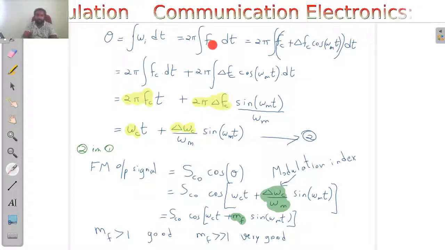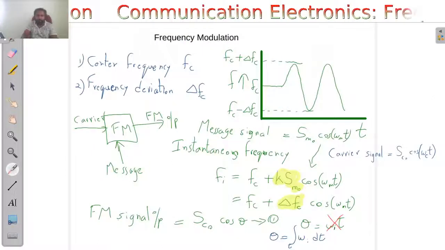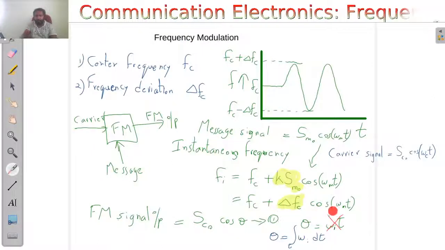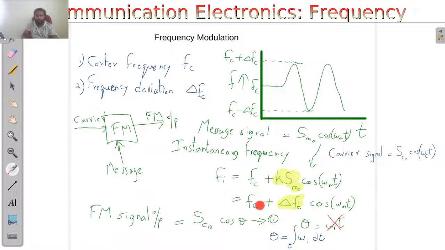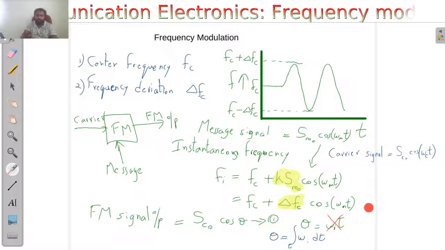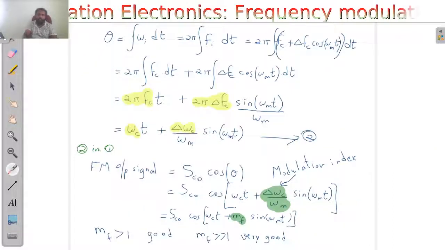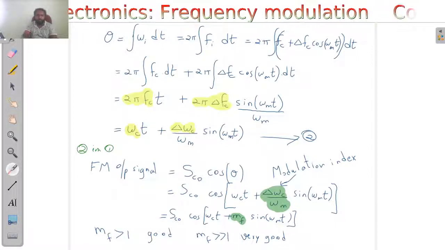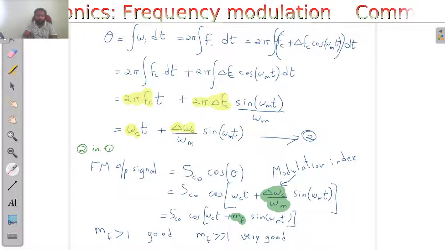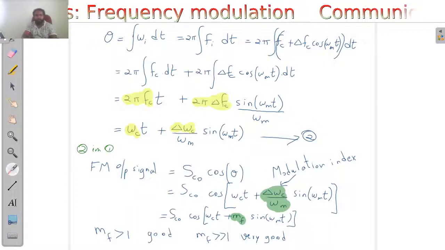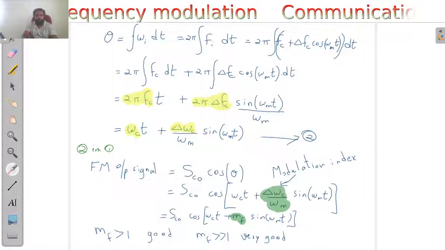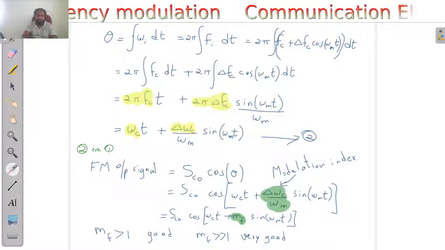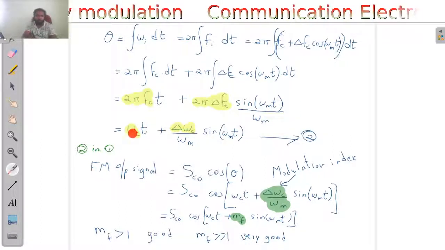And what is fi? I can substitute that from here. You have the equation for fi, that is fc plus delta fc cos omega mt. I will be substituting that into this, and I can split the integral at the plus sign, and you get two terms. The first term will be like this, and the second term will be like this. And what is 2 pi fc? That is omega c.